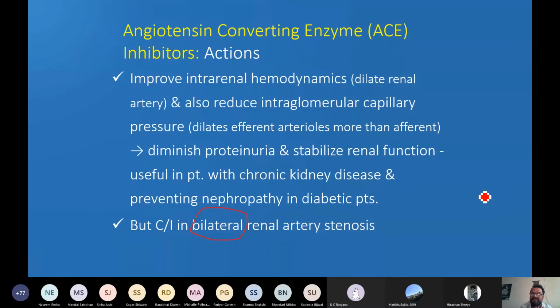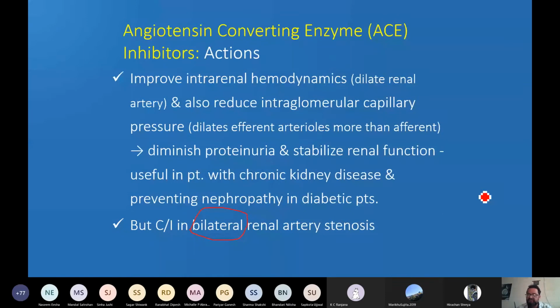As soon as the kidney receives the reduced flow of the blood, it will detect that the BP is now low. Why? Because it is receiving a very less amount of blood. It decides that the BP is too low, but in fact BP is not low. BP is okay, but because of this stenosis of bilateral arteries of the kidney, an adequate amount of blood doesn't reach the kidney.